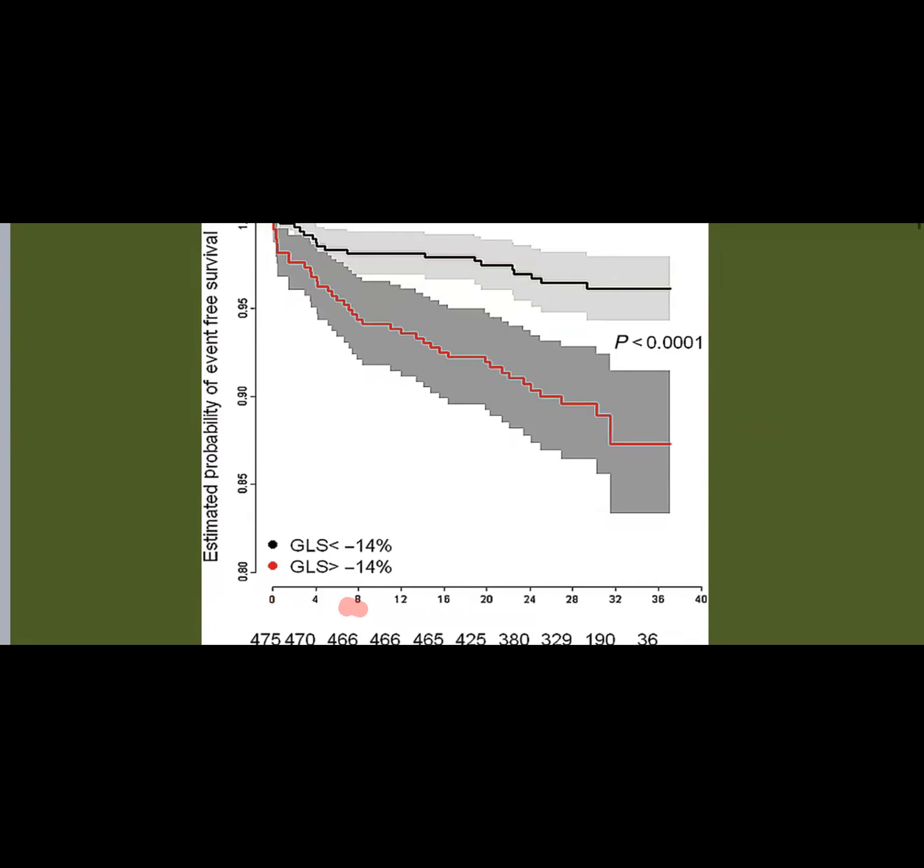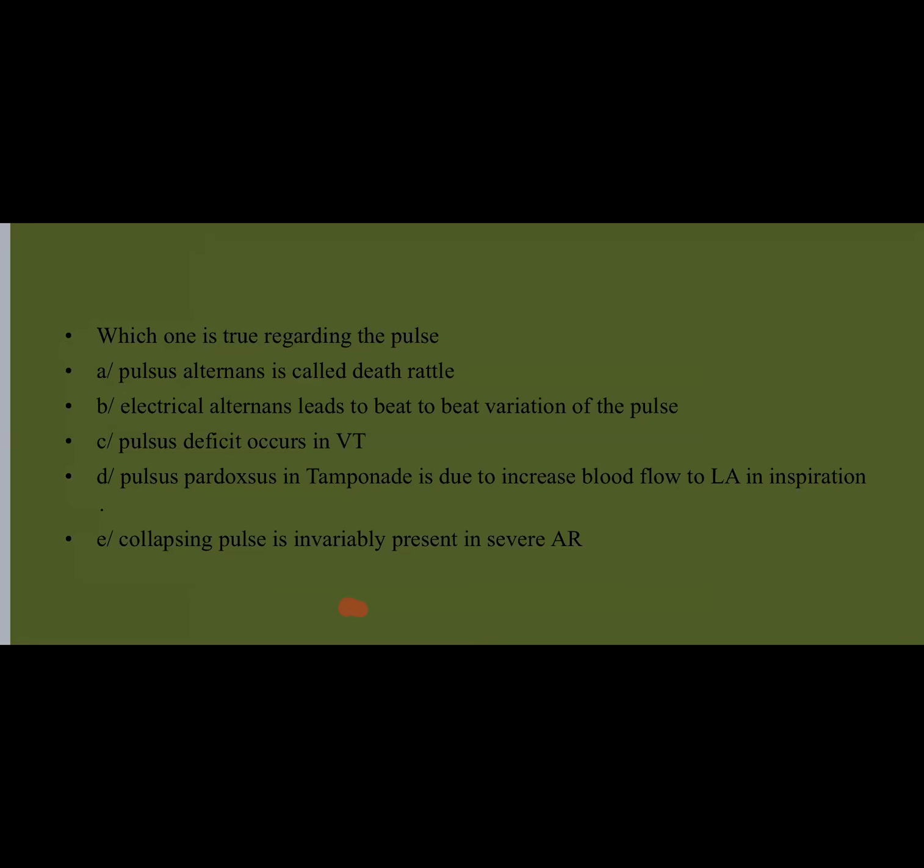Okay. Now I think I will end with a bunch of MCQs, and here I want you to open your mics and answer these questions. Which one is true regarding the pulse? A: Pulsus alternans is called death rattle.